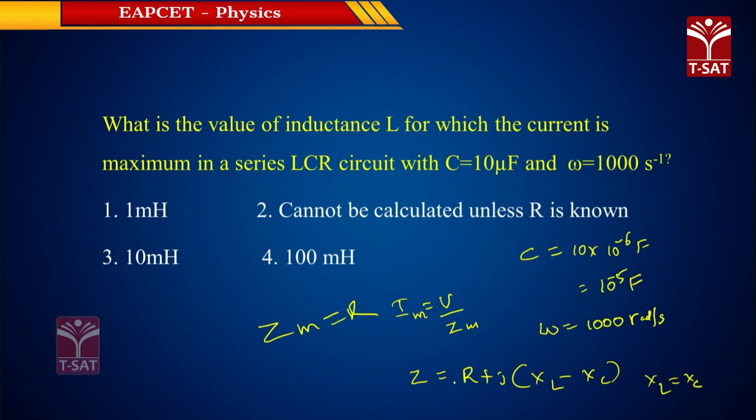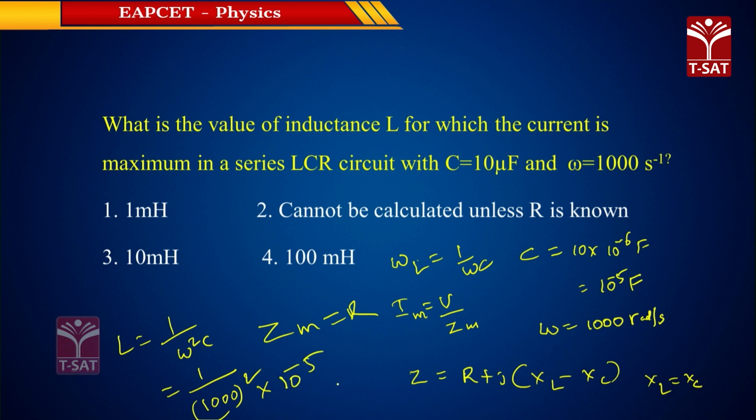XL is equal to XC means omega L is equal to 1 by omega C. Therefore according to this formula you can write L is equal to 1 by omega square C. Substitute omega as 1000 squared into the capacitance, 10 into 10 to the power minus 5.